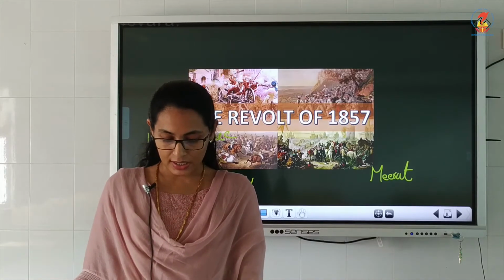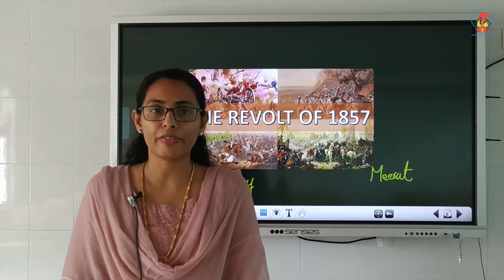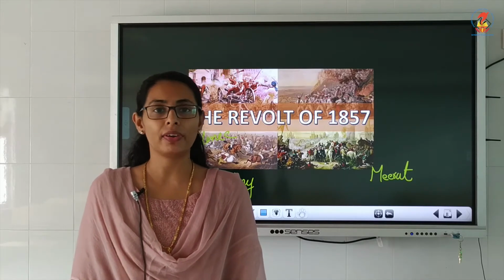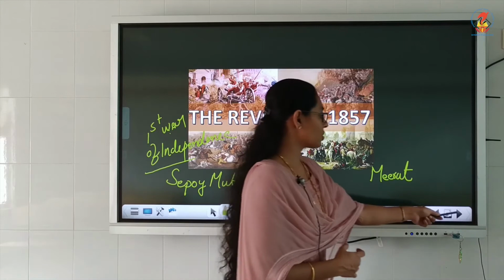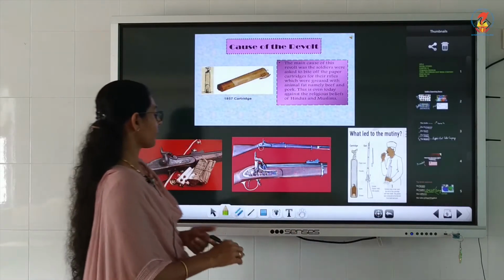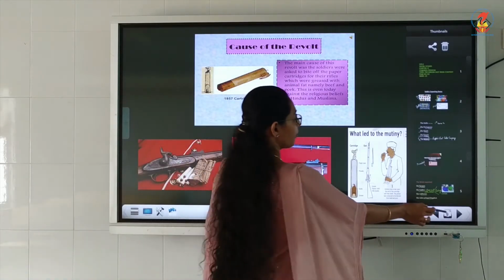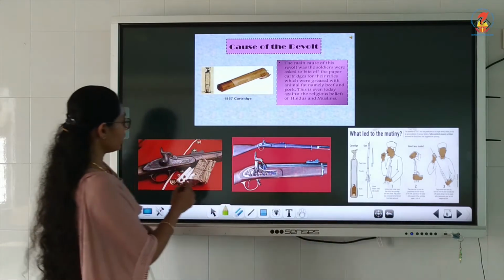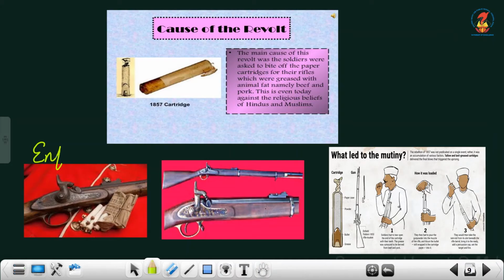The main reason is that there was a new rifle introduced by the British. This rifle is known as the Enfield. This is the new important rifle, and this is the cartridge.